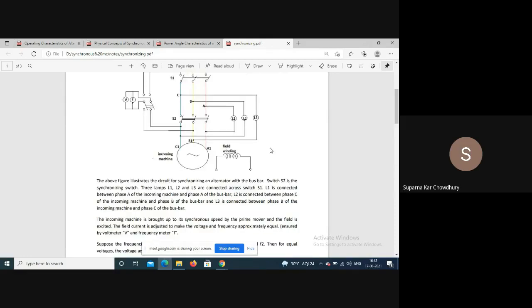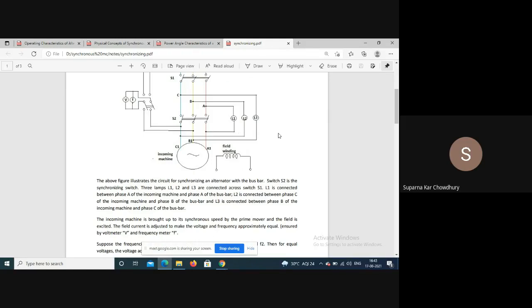Now next, the behavior of the synchronous machine which is isolated, and the behavior of the synchronous machine which is connected to the bus bar, what we call the infinite bus bar, is quite different. Why is it quite different?